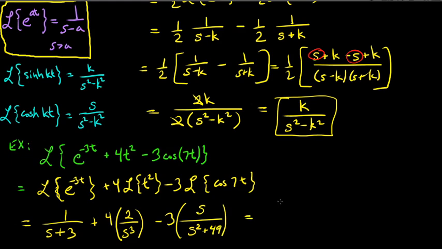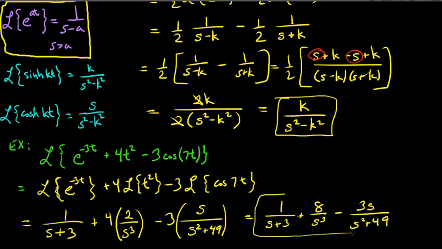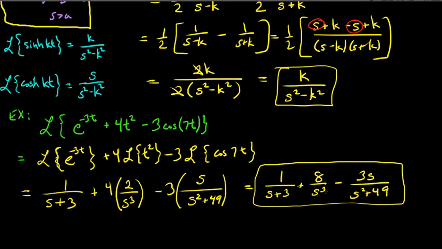So just putting it all together, you just get 1 over s plus 3 plus 8 over s cubed minus 3s over s squared plus 49. And feel free to leave it like this. There's no reason to get a common denominator here. I don't think there's any reason to try to simplify this any further. Okay, so that's it. That's the Laplace transform of this mess up here.